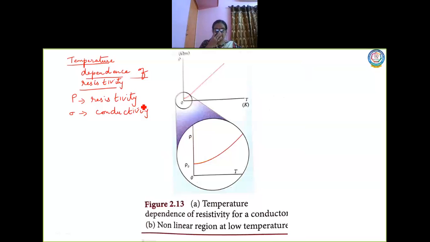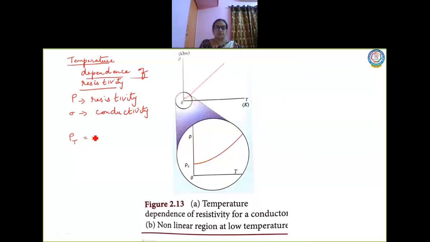It is experimentally found that when you vary the temperature of a metallic conductor, or any material for that case, what happens to the resistivity? Suppose you take a conductor and increase its temperature, the resistivity also will increase.